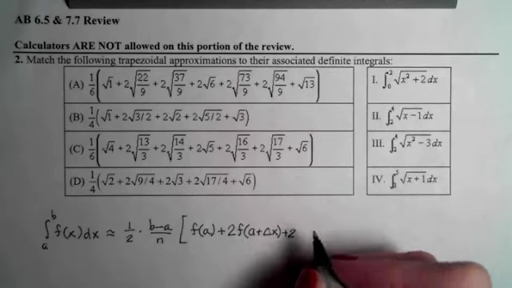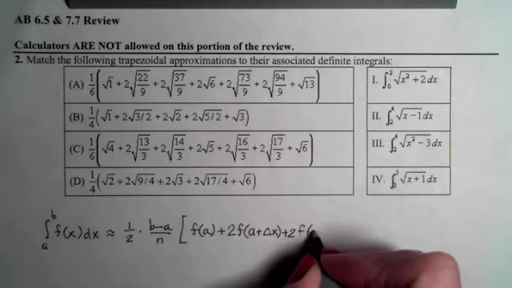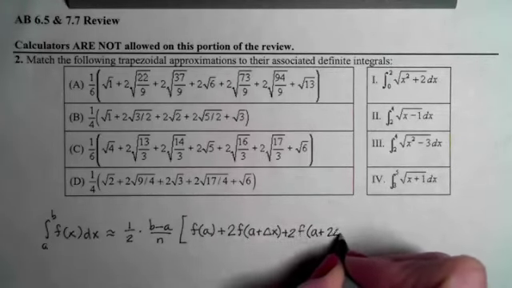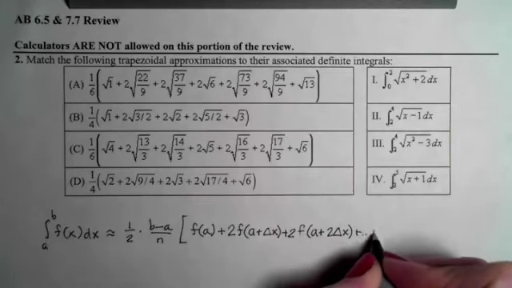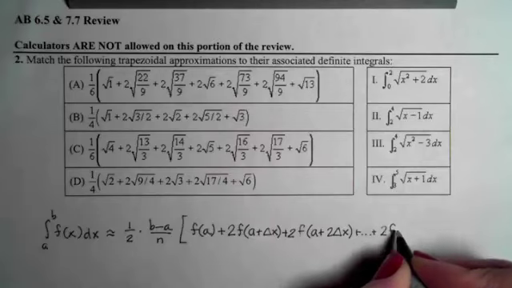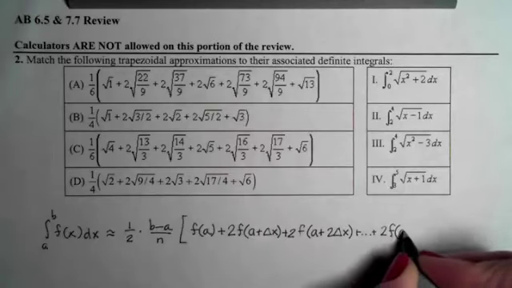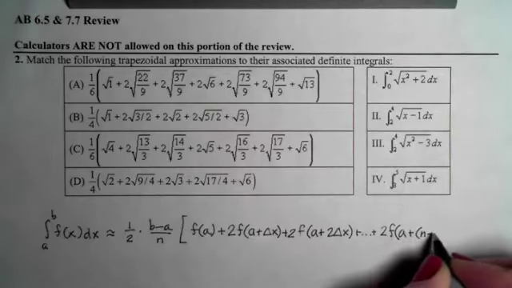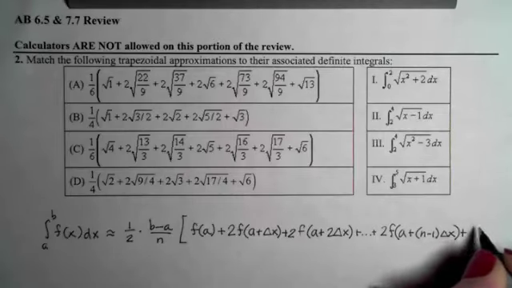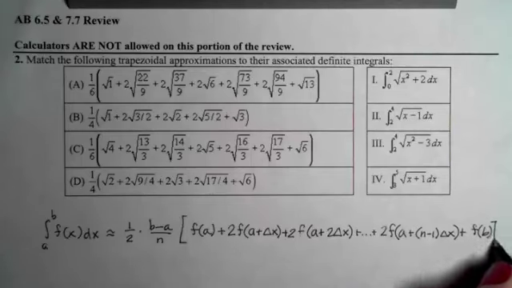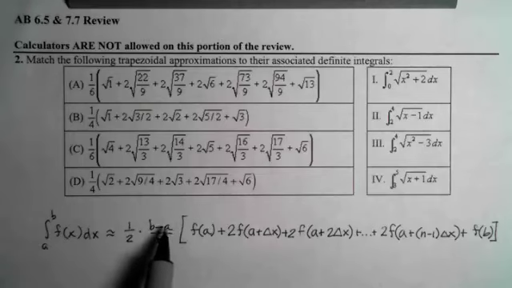Remember, for each interior base we add another delta x into the input for f, and we continue that out to our next to last interior base, and then we get a single base on each edge.